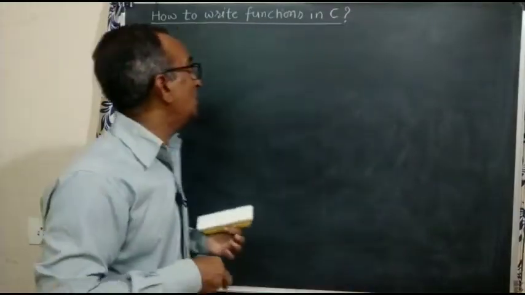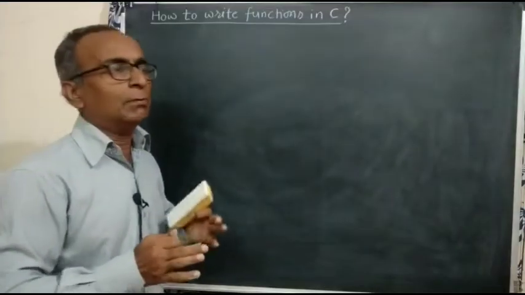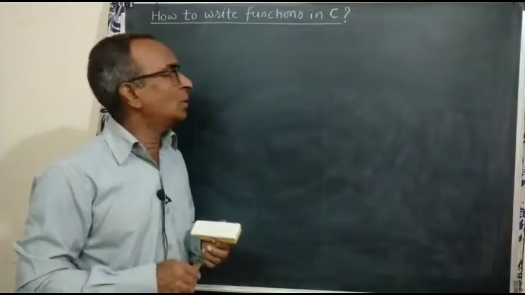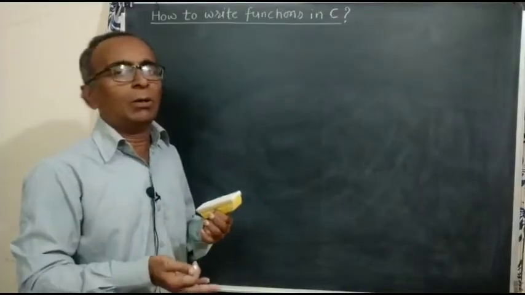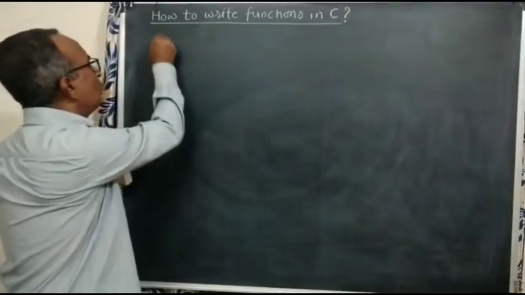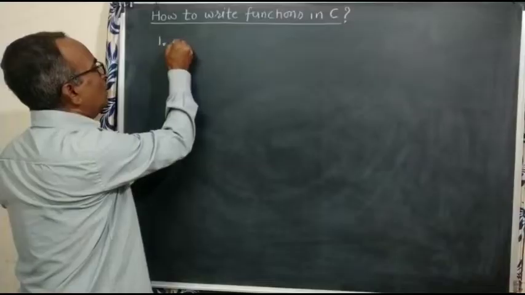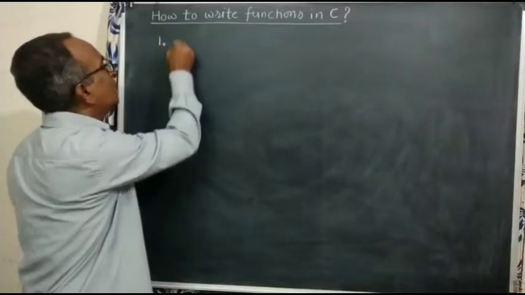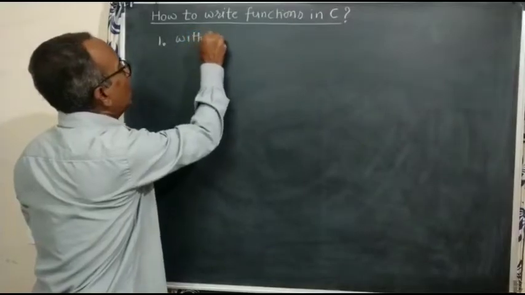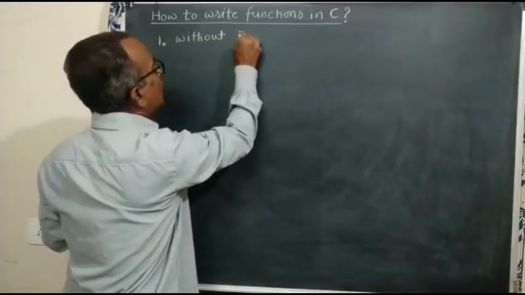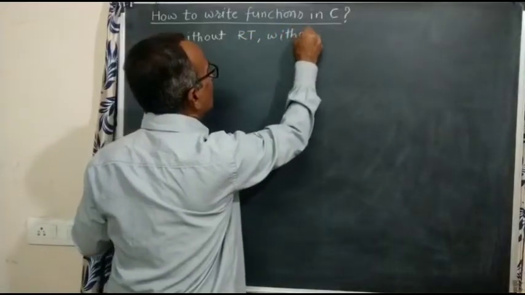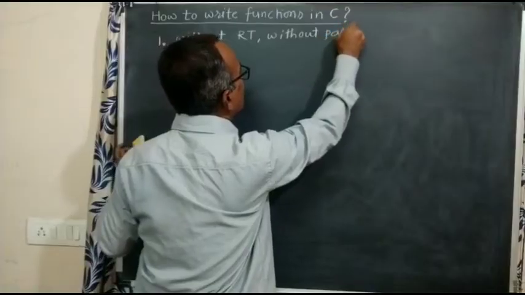You might have seen already what are different ways that you can write functions. It depends on a return type and the number of arguments or parameters you are passing. So there are four types that we can write a function. That is, without a return type and without parameters.